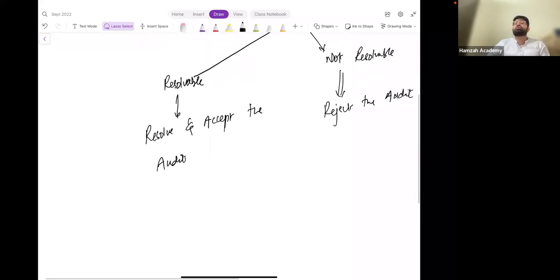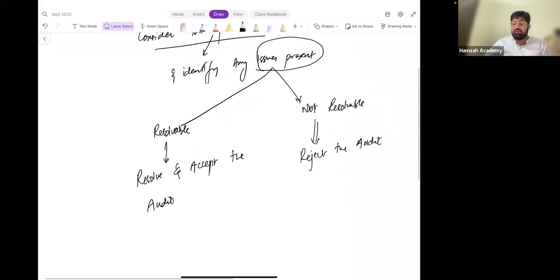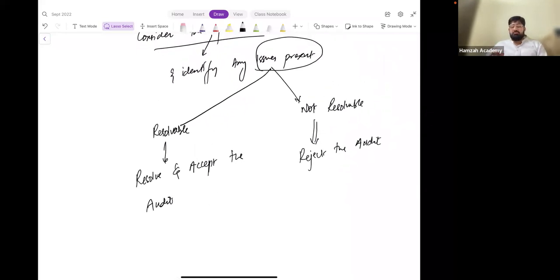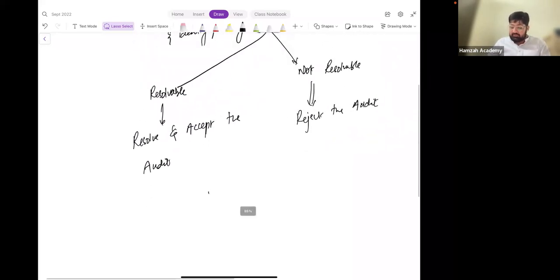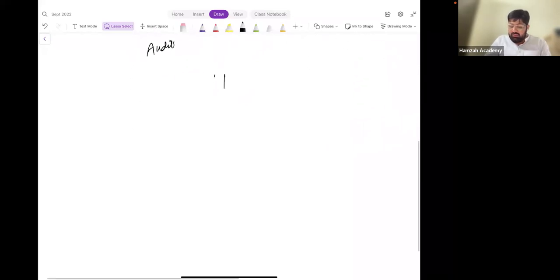Now, what are the issues? What are the issues which are so important that we need to consider whether they are resolvable or not? Issues can be of two types.